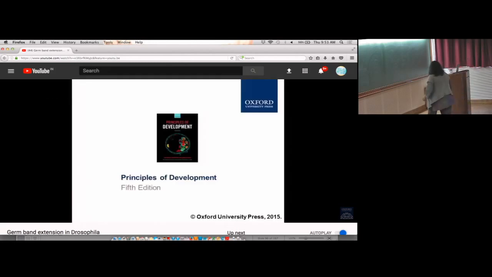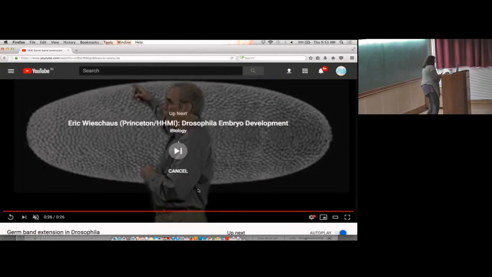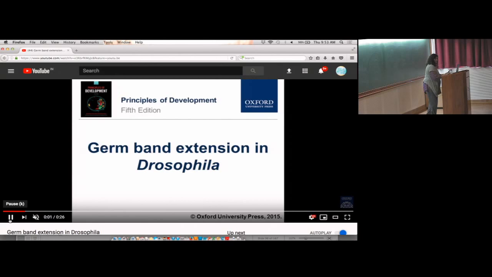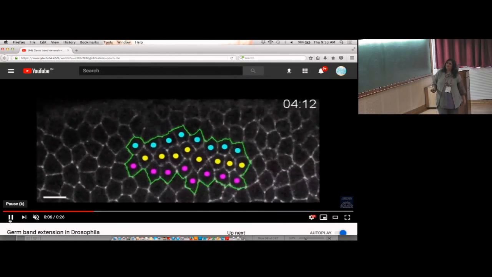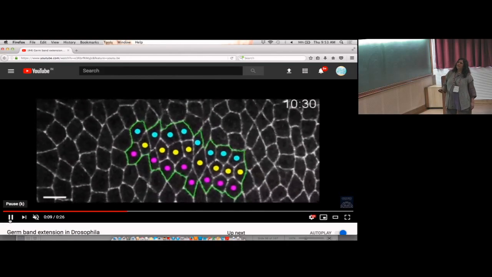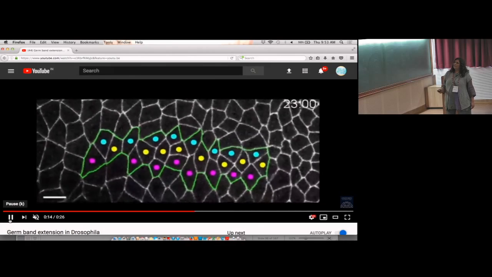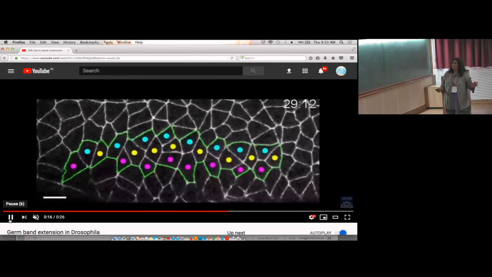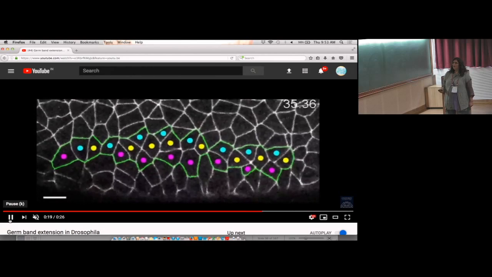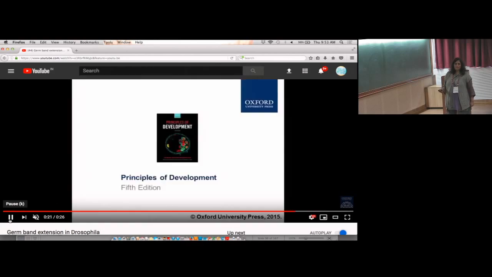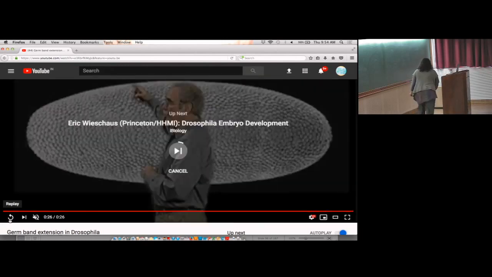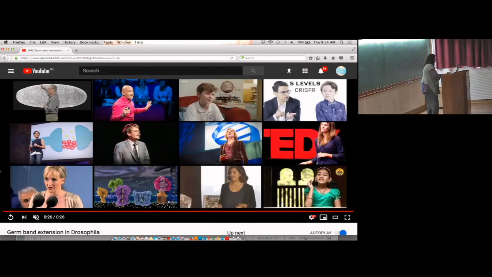And you would have seen in the process that cells that were initially neighbors cease to be neighbors, right? So if you look at the yellow, blue, and magenta, they're actually different rows of cells, and you will see that over time there's mixing of cells and an exchange of neighbors. In some parts of it, it looks a little bit like this, where you have single cells adjacent to each other.